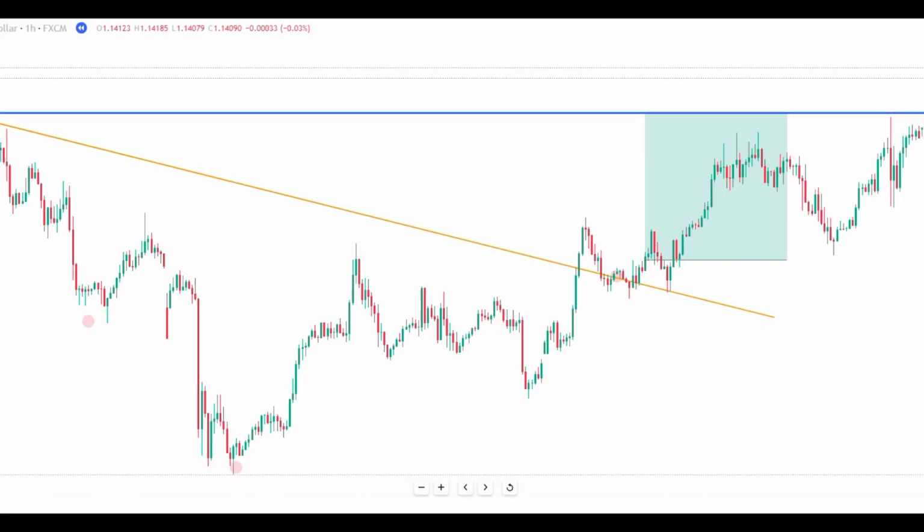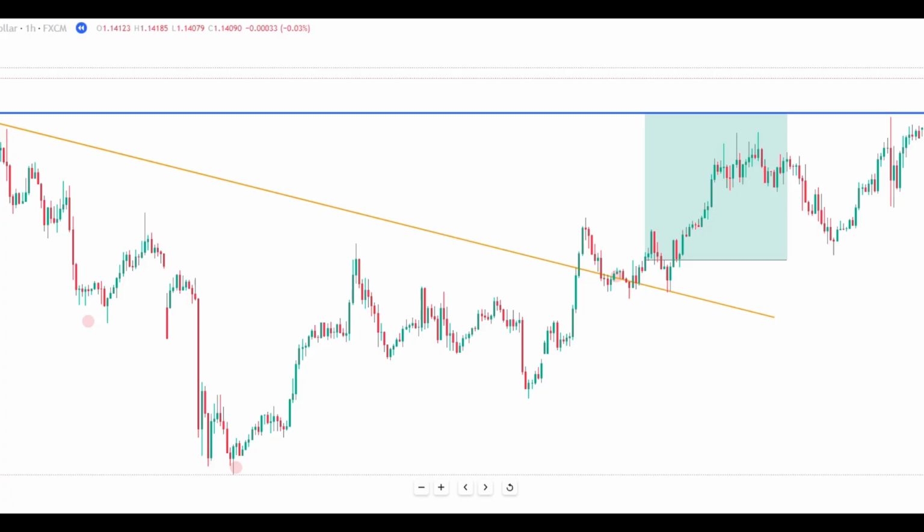Now, if you want to take this to the next level, I want you to combine trend lines with market structure, because market structure is very important. Now, when I say combine it with market structure, I want you to really look at where your trend line levels are, and look at when it breaks a particular level.